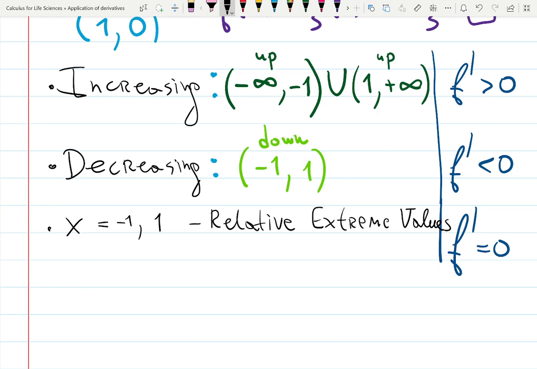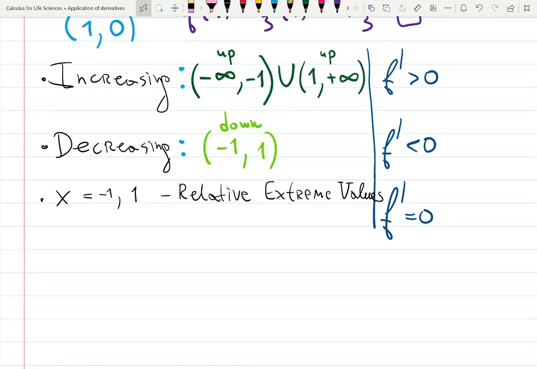That means something extreme is happening there. What kind of extreme? They mean local maximum, local minimum. That's what they mean. These points, since they give you something extreme, are called critical points.